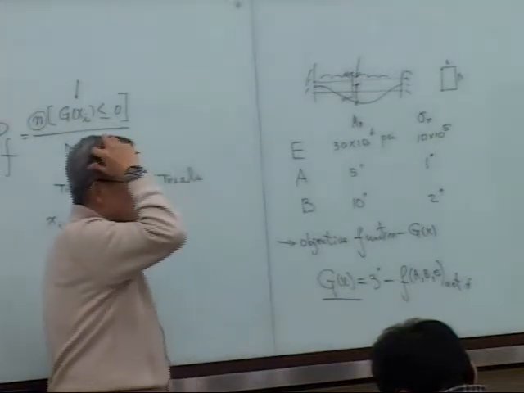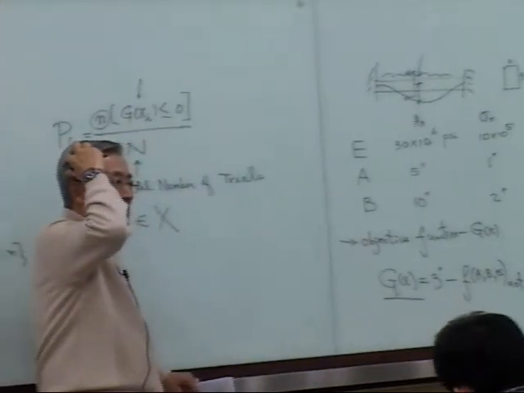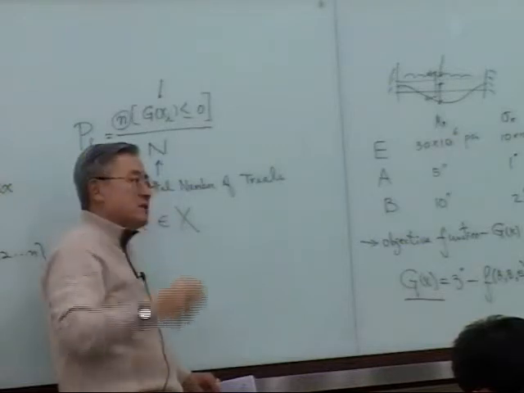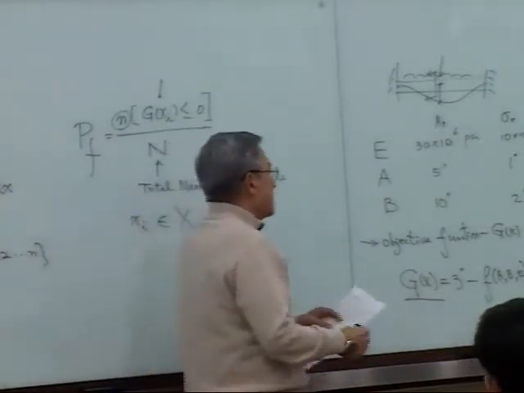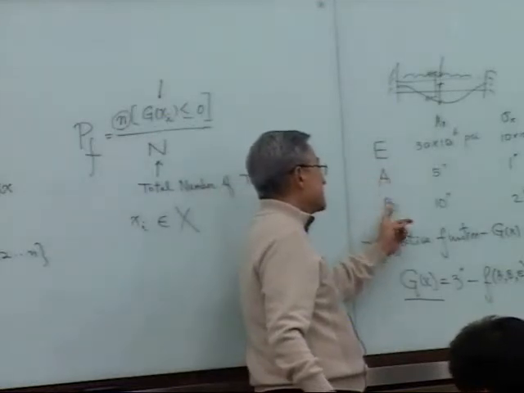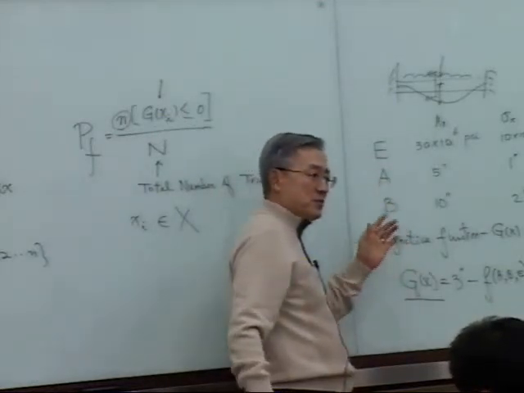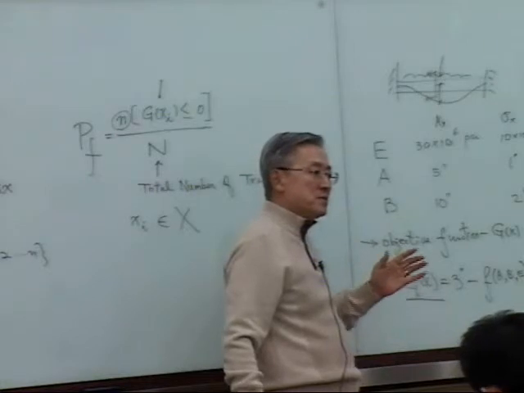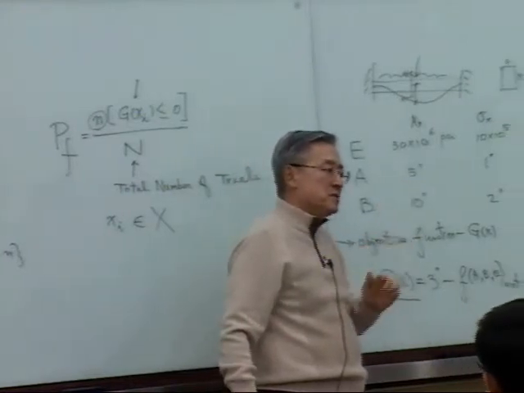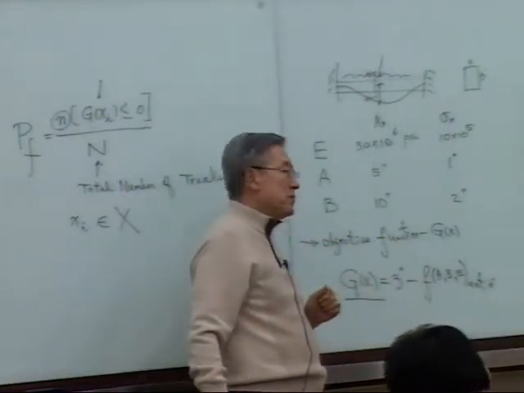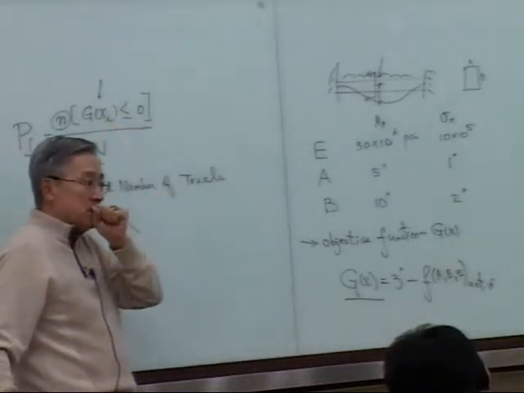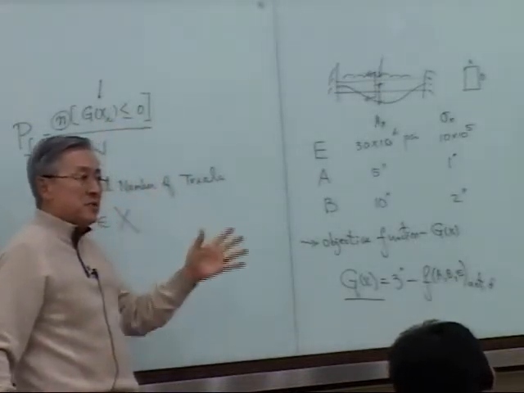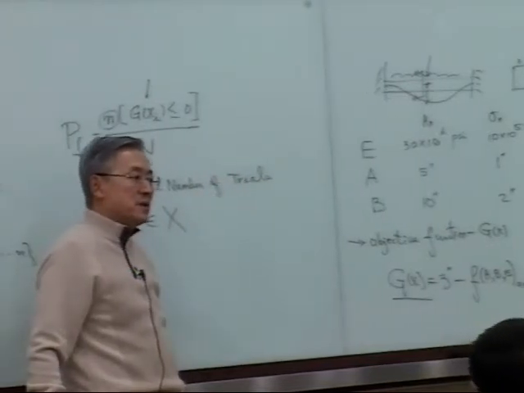Then you select the random variable for each trial. Then you will have a set of random variables. If you want to try 100 times, you have 100 sets of random variables. Then you stick them in and compute the G function, for each of the 100 trials.